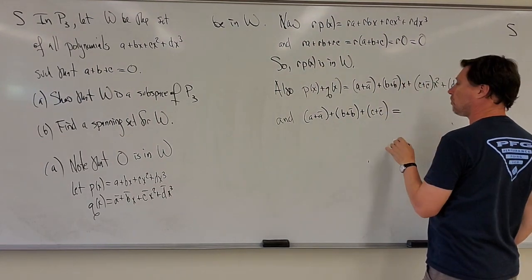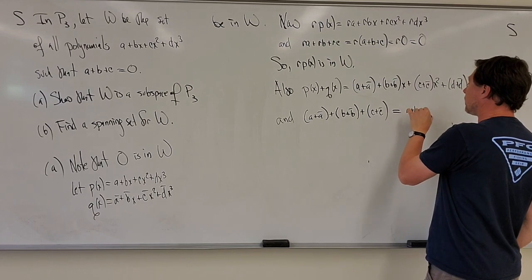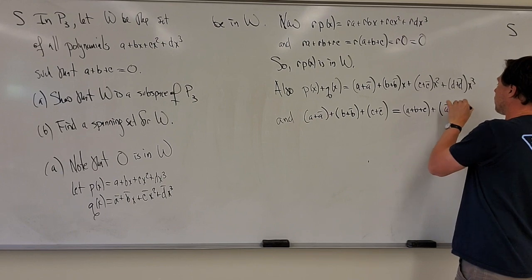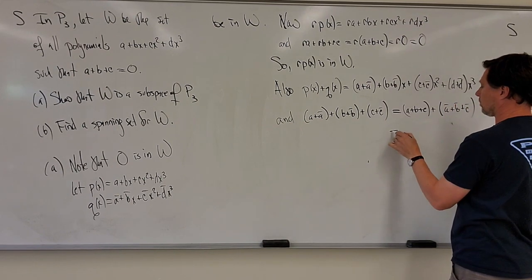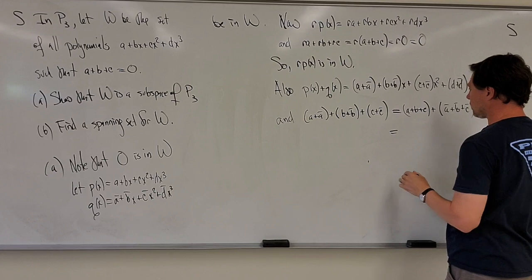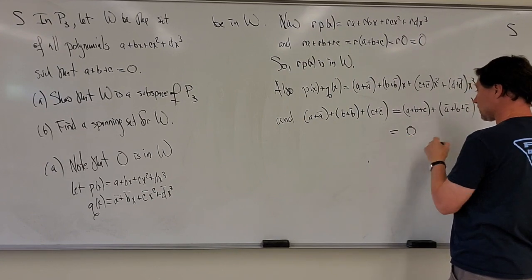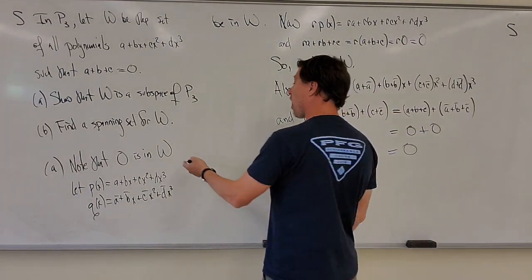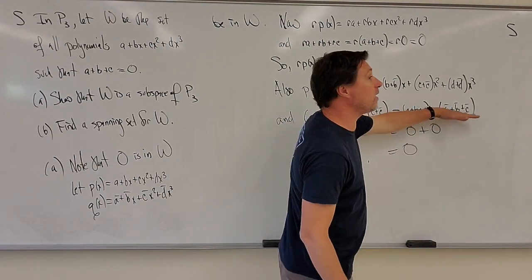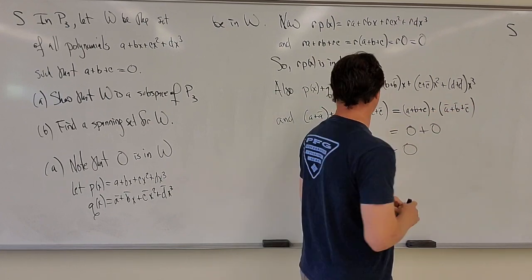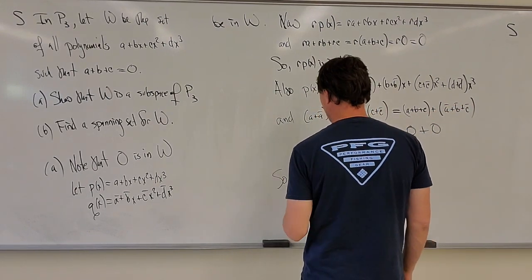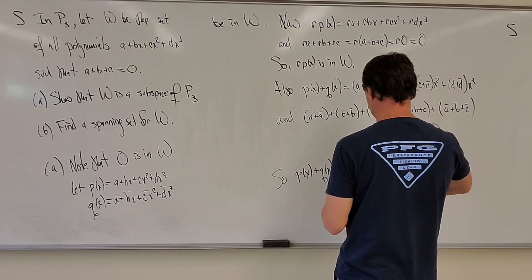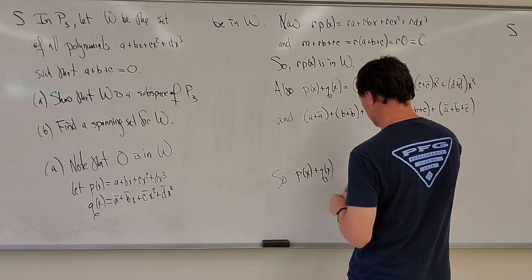That's equal to A plus B plus C plus A bar plus B bar plus C bar, which is equal to 0 plus 0, because both of our polynomials started off in capital W, so we know that these each sum to 0. So P of x plus Q of x lies in W.